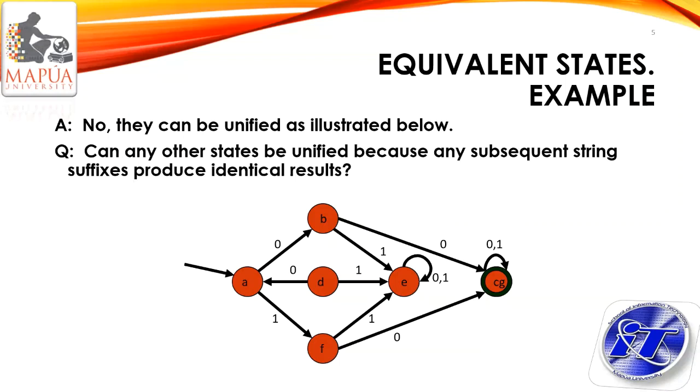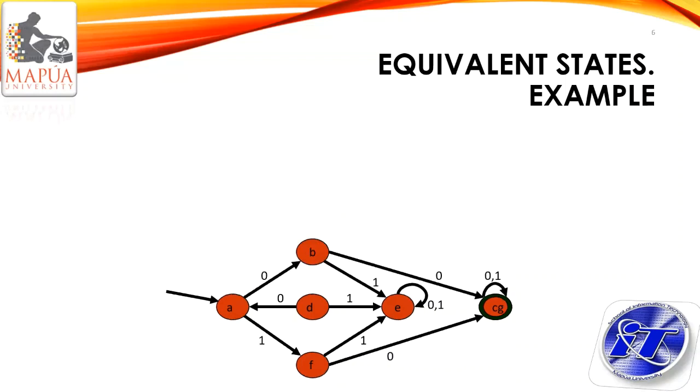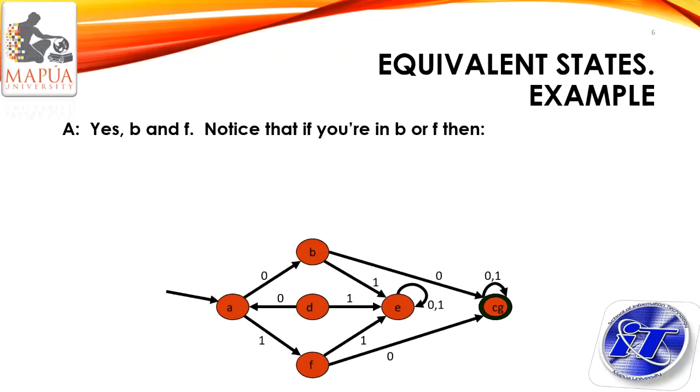Another question. Can any other states be unified because any subsequent strings of access produce identical results? So aside from CG, are there any states that go to the same states when they encounter 1, 0? Yes. Let's consider B and F. So what can we notice?